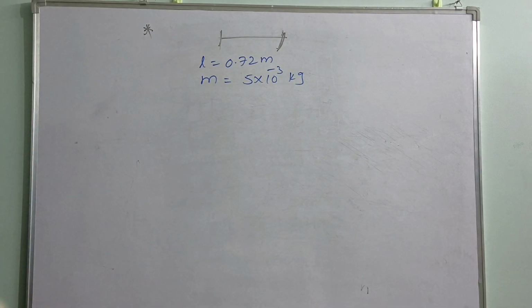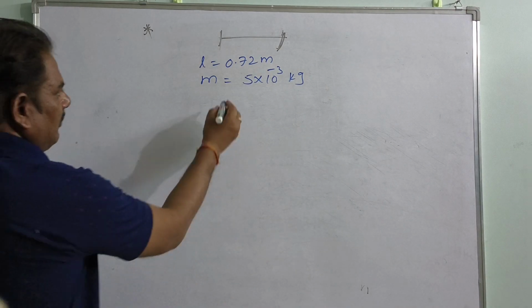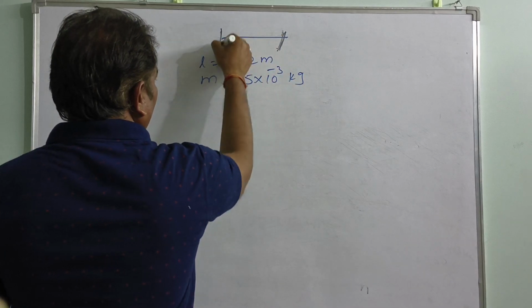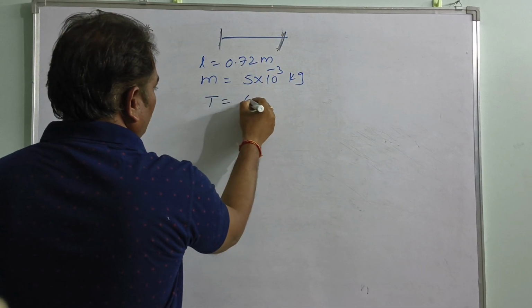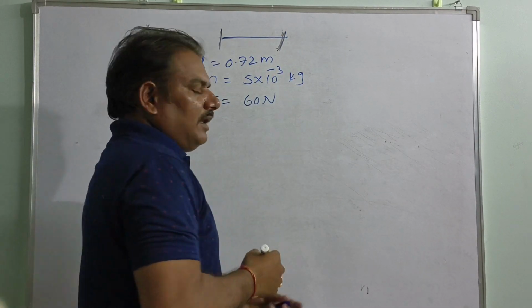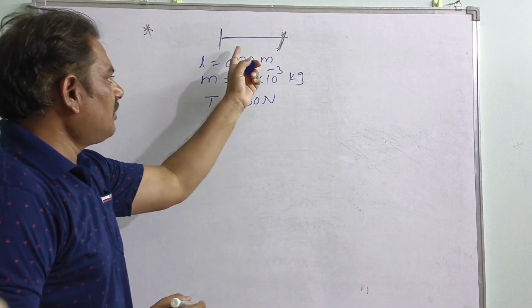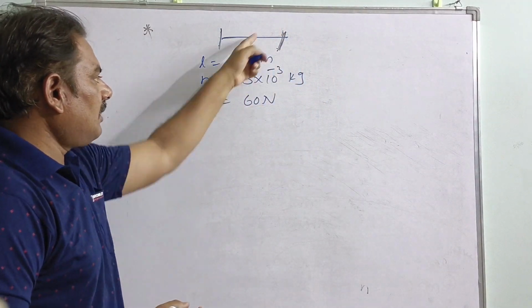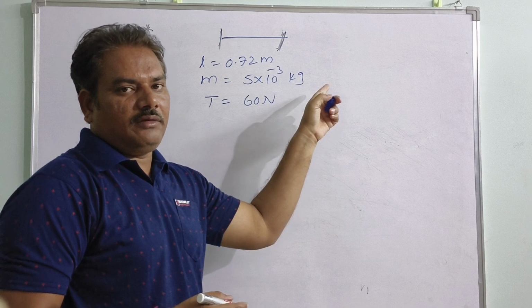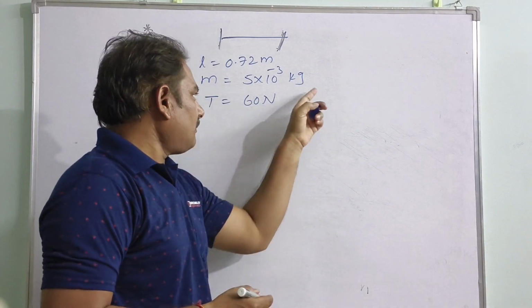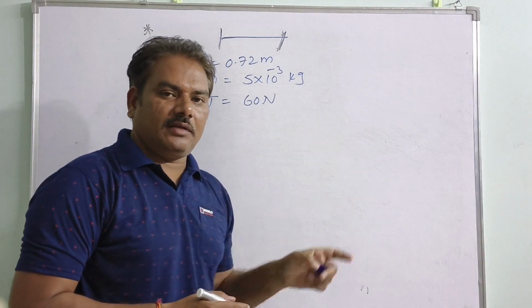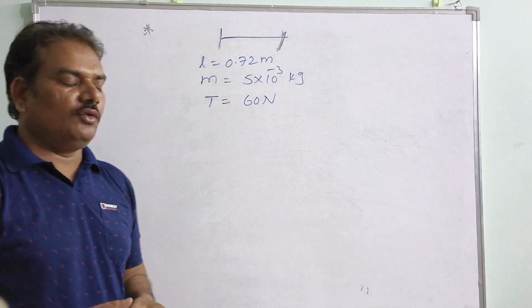Negligible mass. If the wire is under a tension 60 newtons. So the length of the wire is 0.72 meter and mass of the wire is 5 into 10 power minus 3 kg and tension is equal to 60 newton.